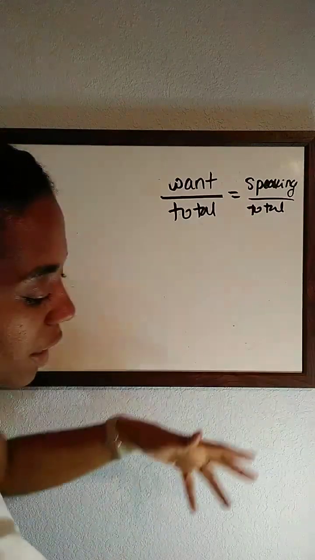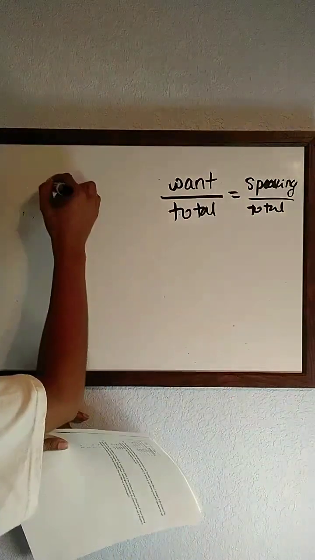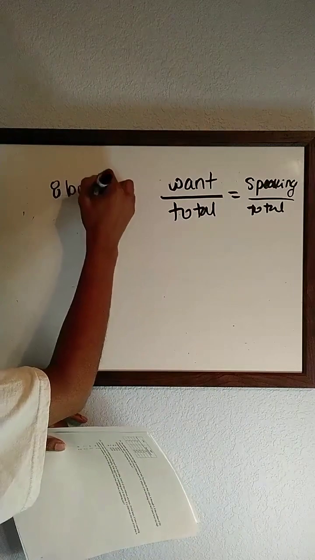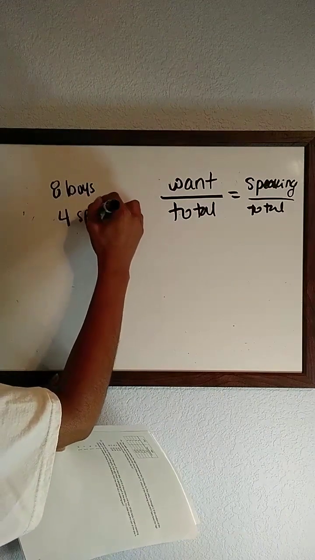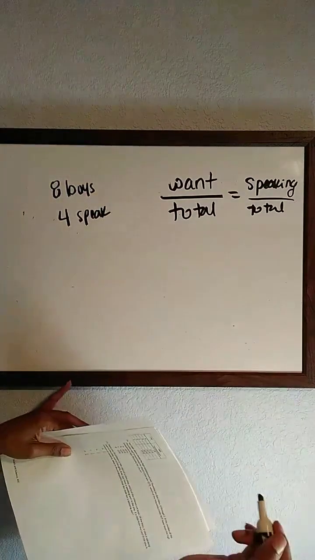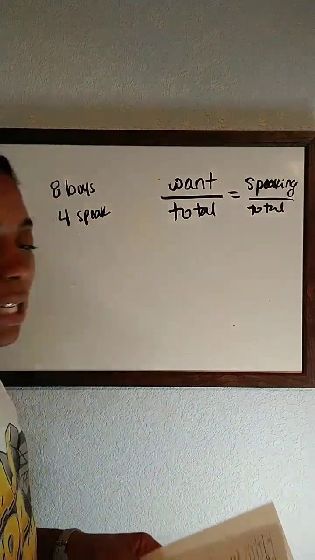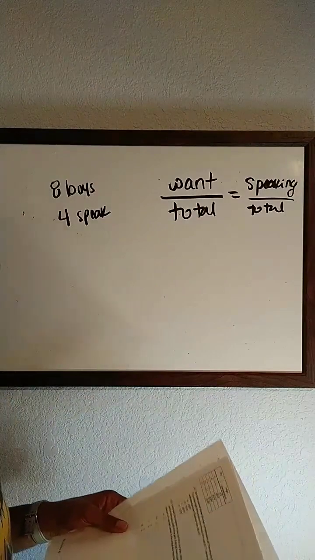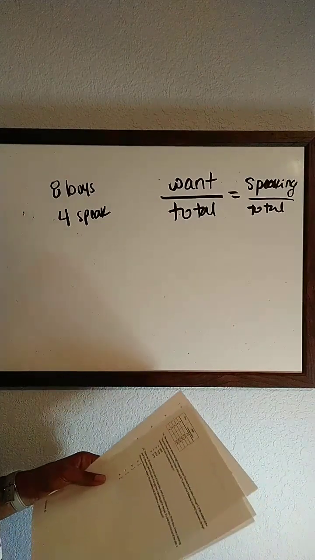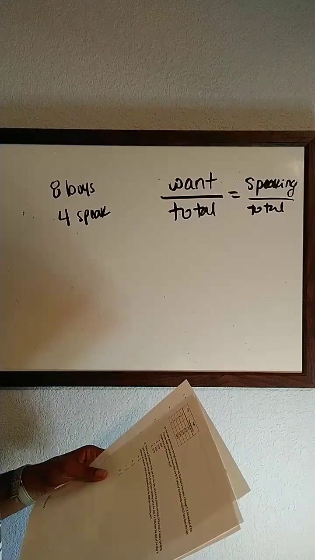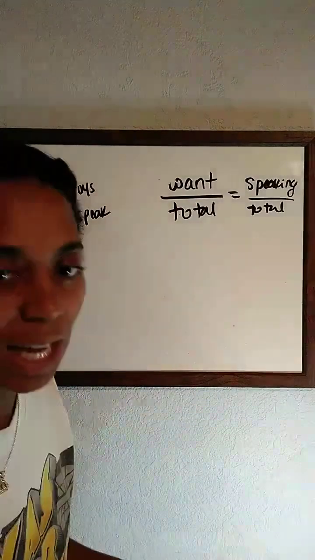So from the information that they gave me, it says that 8 boys and 4 of them speak, right? So that's 4. Then they said out of the girls, we figured out part out of whole. Yes, Cynthia, you got it. Part out of whole. And then for the girls, it told me that 8 do not have a speaking part.